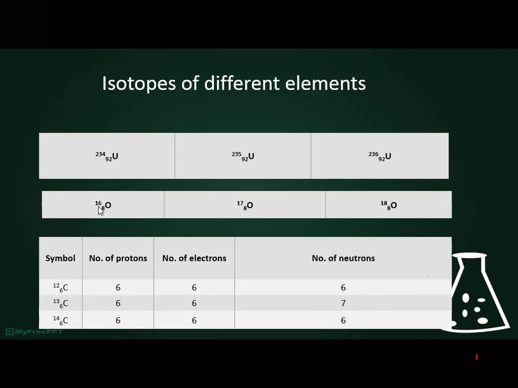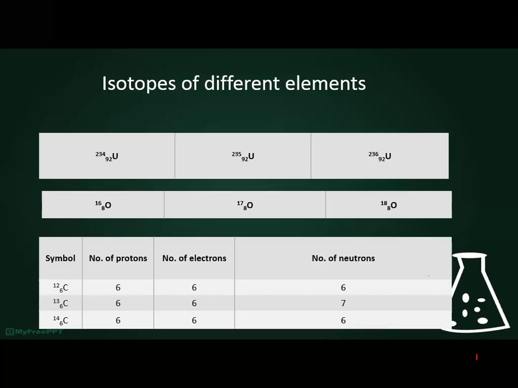In this way, we can also say that for uranium the number of protons is 92. Then what would be the number of neutrons in uranium 234? Start writing the answers. You should subtract 92 from 234.